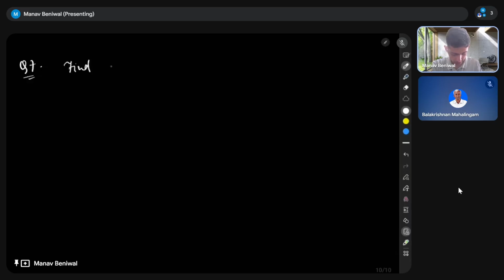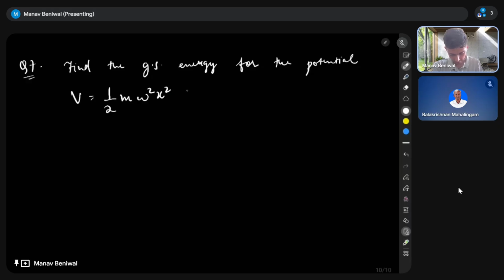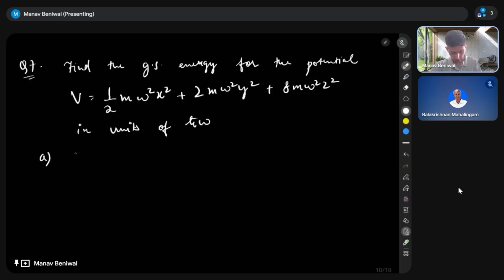So find the ground state energy for the potential in units of h cut omega, and our options are 5 by 2, 7 by 2, 3 by 2, and 1 by 2.